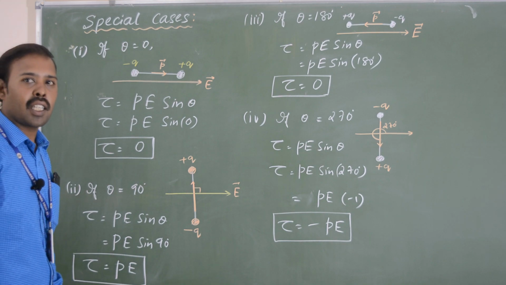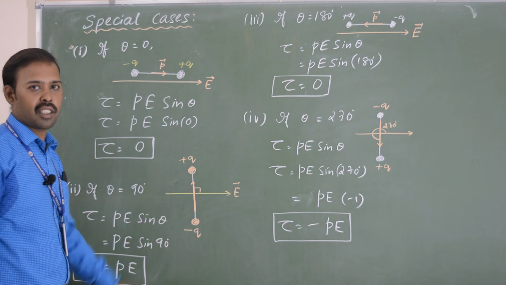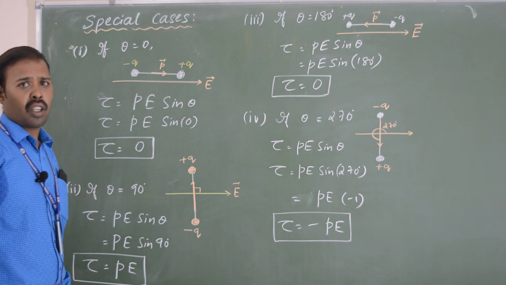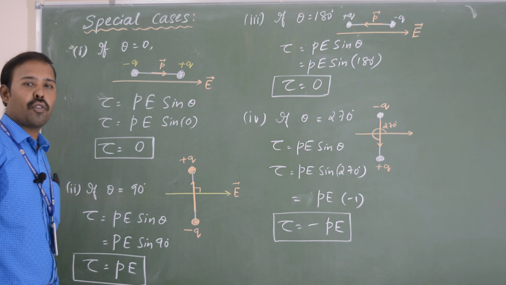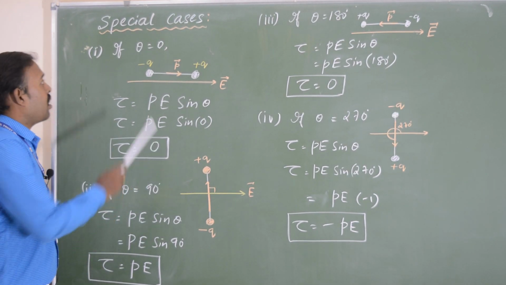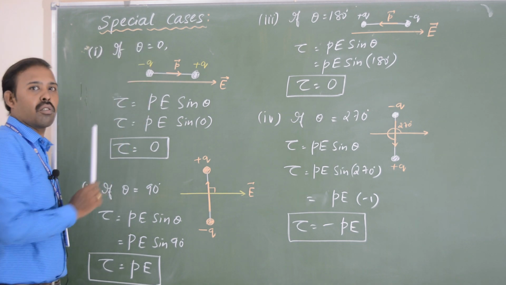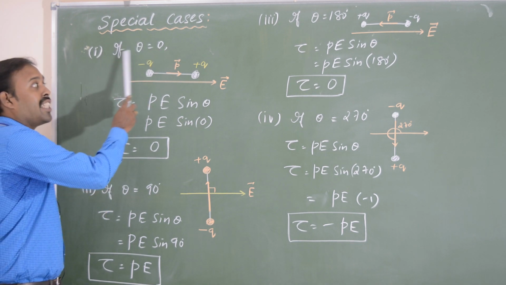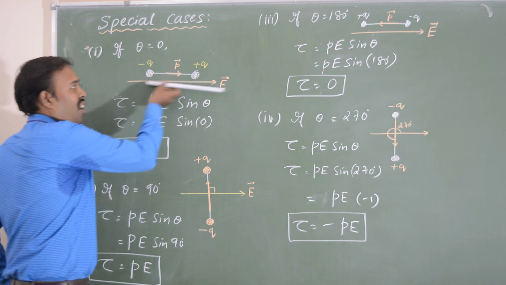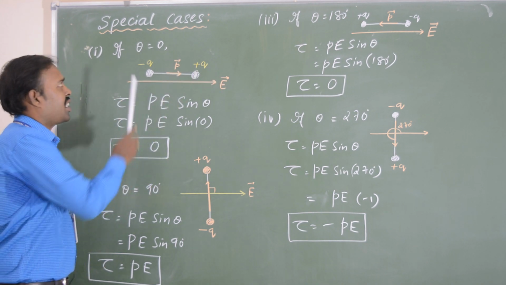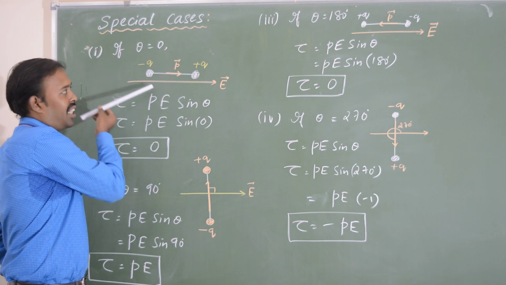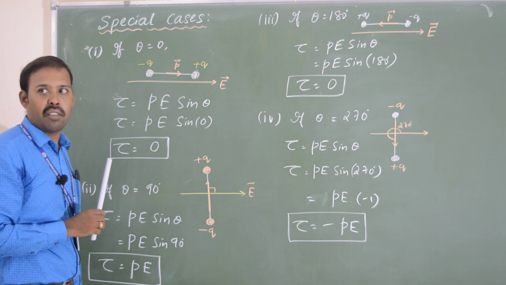Now we will see the special cases of torque experienced by the dipole kept in a uniform electric field. For example, if theta is equal to 0, what is the meaning of that? Theta is 0 means the dipole is along the direction of the electric field.